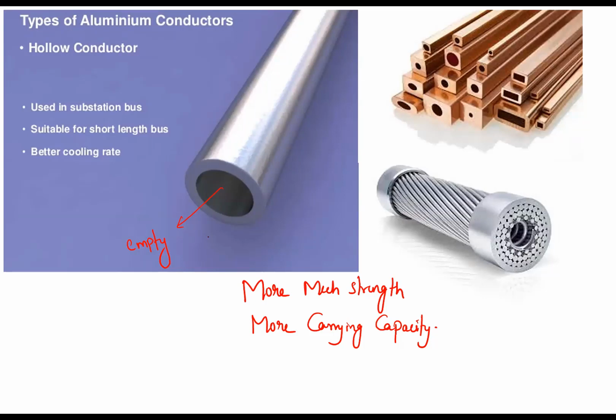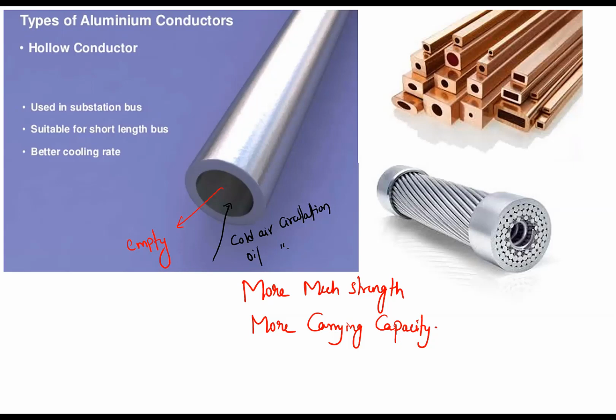You can circulate some cooling air, cooling liquid or cooling oil, so it offers cold air or oil circulation, so that we can keep the temperature of the conductor within limits.